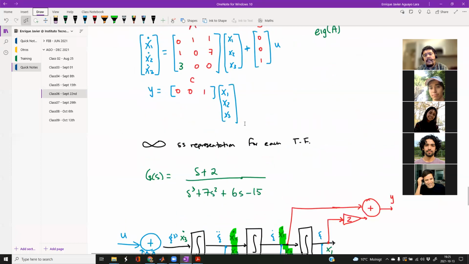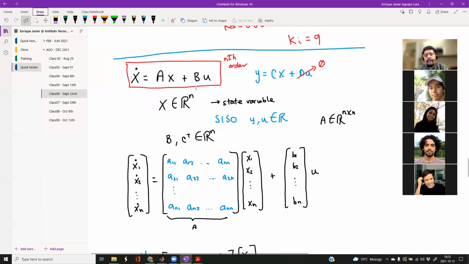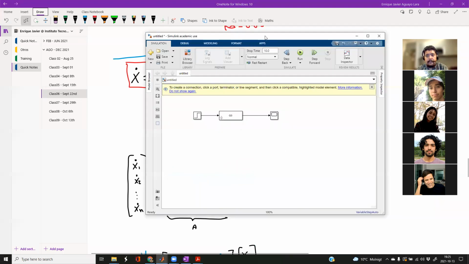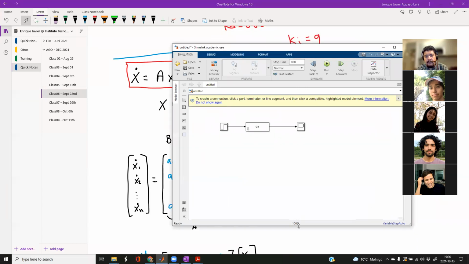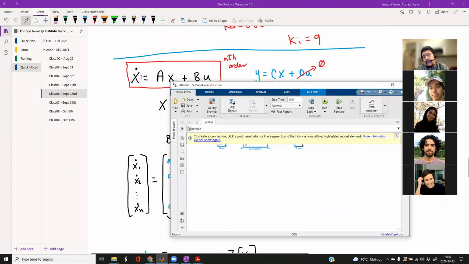And even easier, what I will implement is this one that represents all of them. As you can see, the derivative of a variable that is called x is equal to a times x plus b times u. So let's implement the right side.